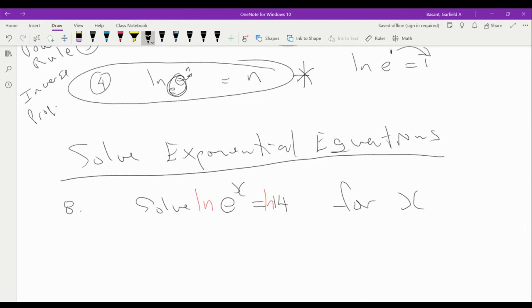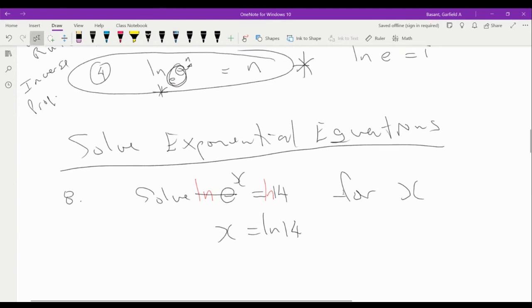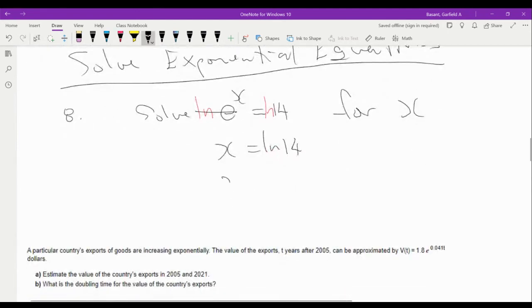Done, just x, right? So we go back to this rule, the ln and the e basically cancel each other out, leaving us x is equal to ln of 14. And that's our answer. It says round to 4 decimal places. So I know we didn't say that, but let's round to 4 decimal places, Samir. So what is that?